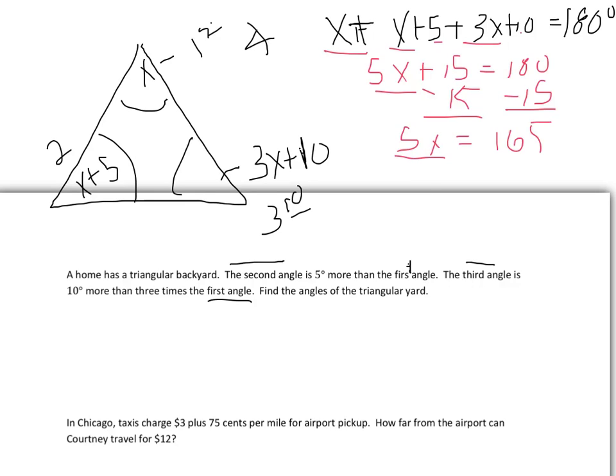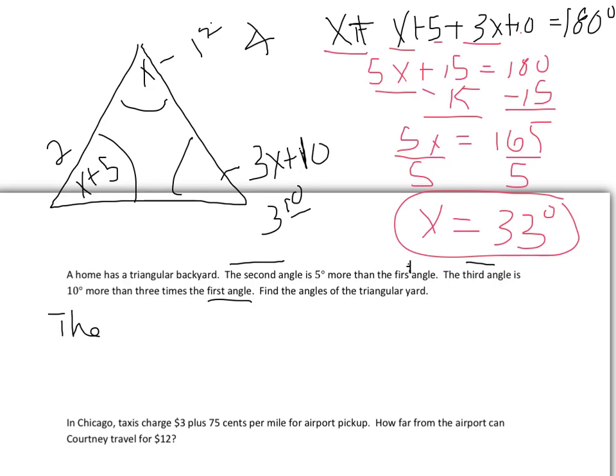And then finally, if we divide both sides by 5, we're going to get x equals 33 degrees. So what that tells us is, we know that x is how we denoted our first angle. So we can write here the first angle is 33 degrees.